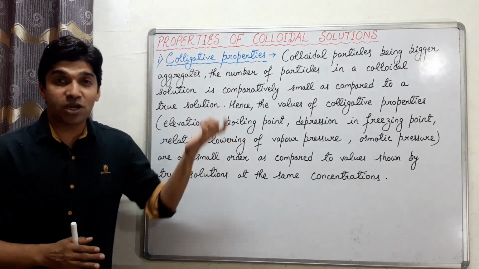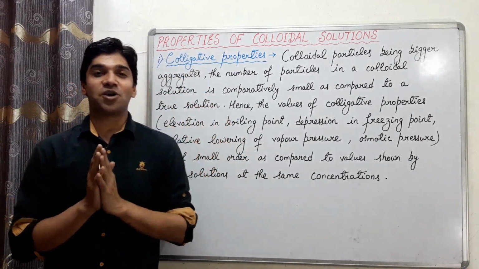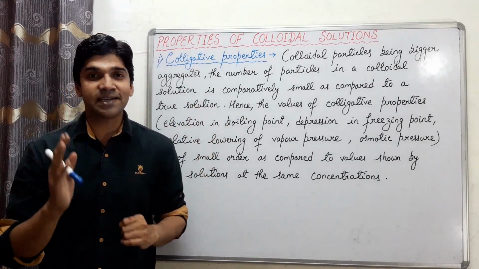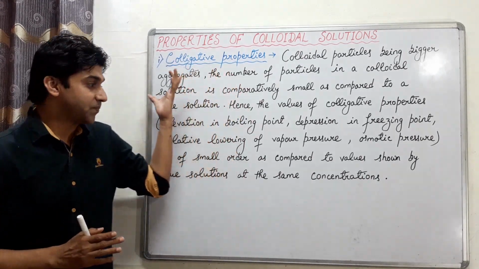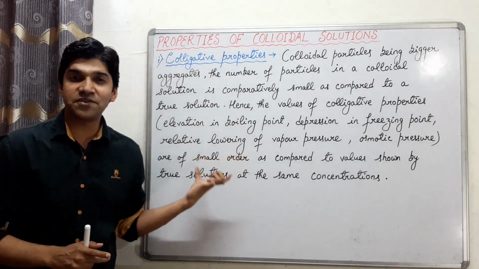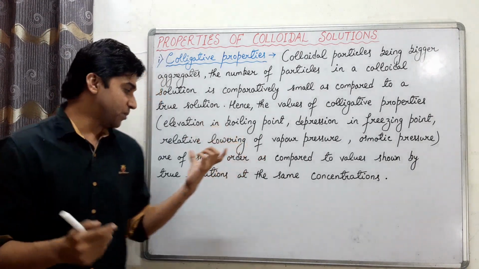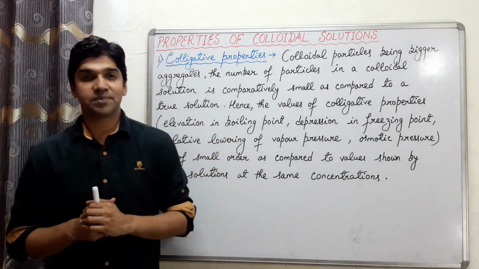And as the colligative properties depend upon the number of particles of solute, we can say that the colligative property is of small order as compared to the values shown by the true solution.